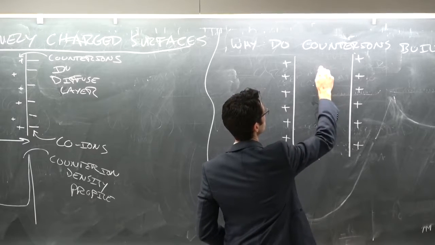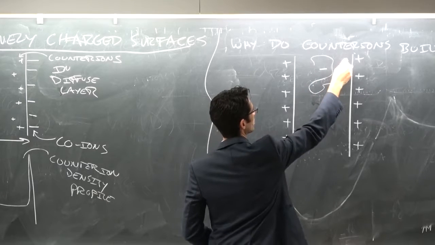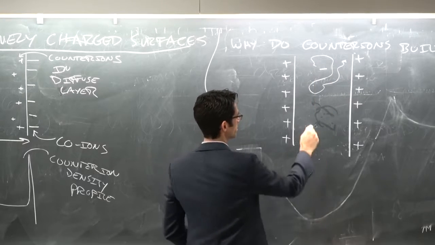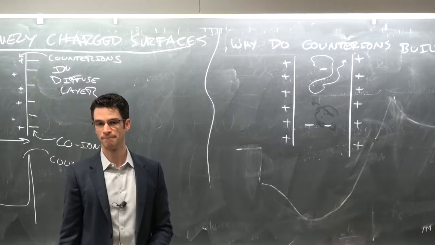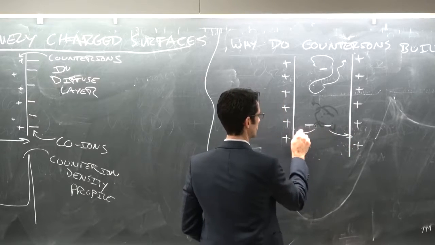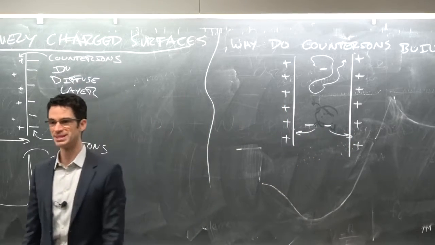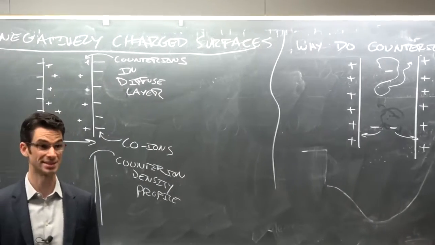So here's our one charge case, and it can just kind of go wherever it wants. Suppose we have two charges now. What's going to happen to them? They'll repel. So the reason they separate is because they repel from each other, not because they're attracted to the sides.